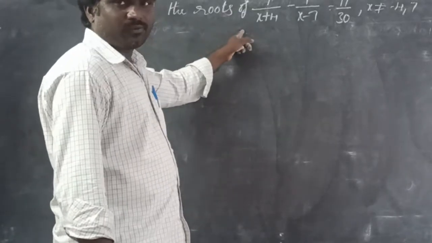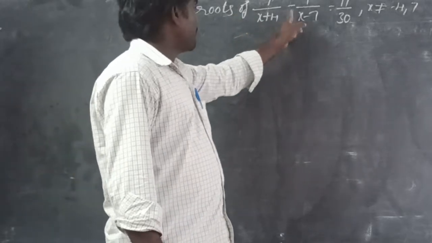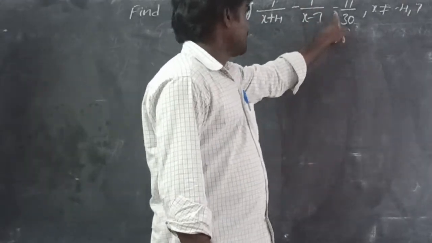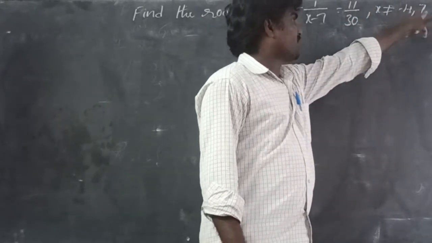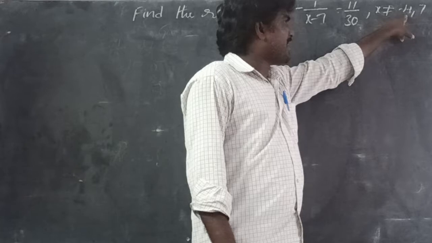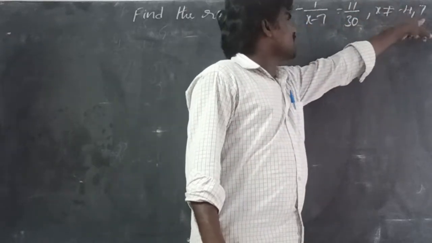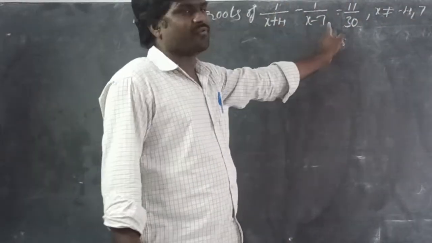Find the roots of 1 by x plus 4 minus 1 by x minus 7 is equal to 11 by 30, where x is not equal to minus 4 and 7. If x is equal to minus 4 or x is equal to 7, the denominator becomes 0, so it is not defined.